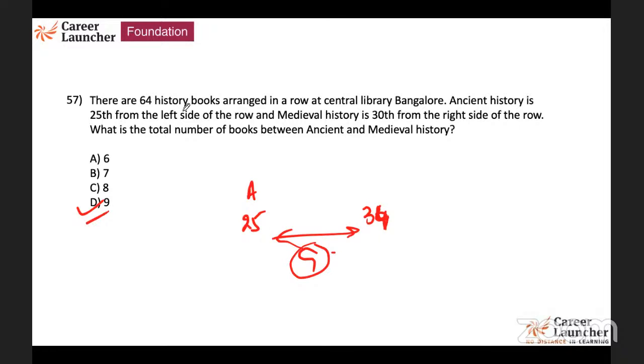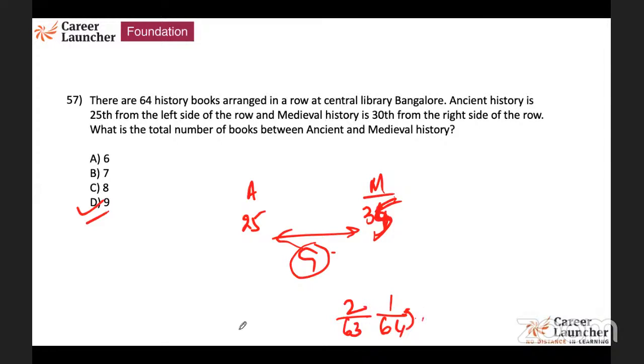One second, actually. It will be 35, guys. My mistake. 35. This has to be medieval history, which has to be 35. Because it is a 30th book. See, remember this. If this is 64th book, this is the first book. If it's 63rd, it is the second book. Right? That means the difference is 1 less.